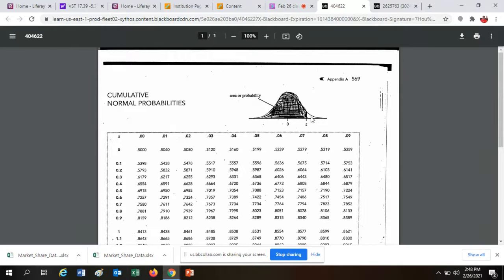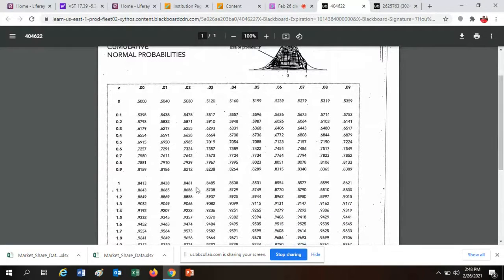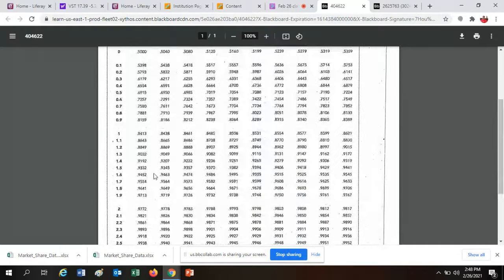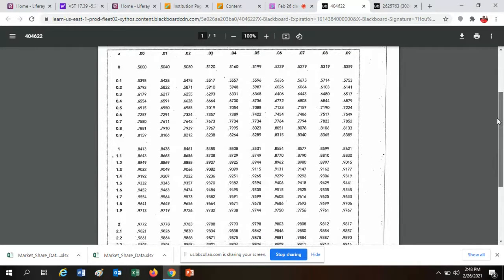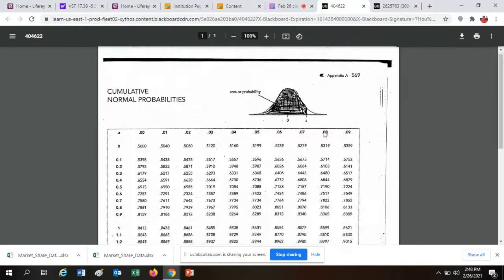Well, how could we have possibly done that? We can go on this one to 1.96. Go to 1.9, find the 6 column here, 1.96, and the arrow is pointing to 0.9750. Right. What's the shaded area from minus infinity to a positive 1.96?